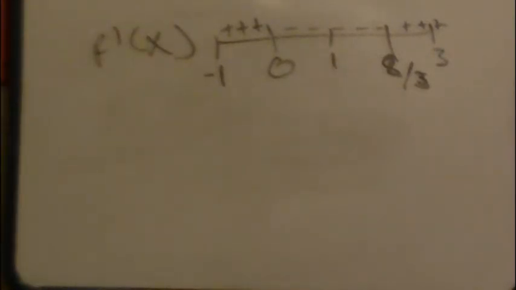Now for the second derivative test. For the second derivative test, it's basically the same thing, except instead of slope, we're looking for concavity. Whether or not a curve is going up, as in like this, or that's down, or up, down, up.